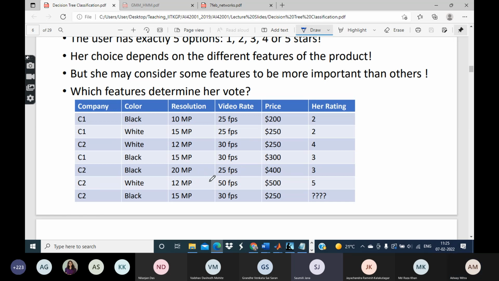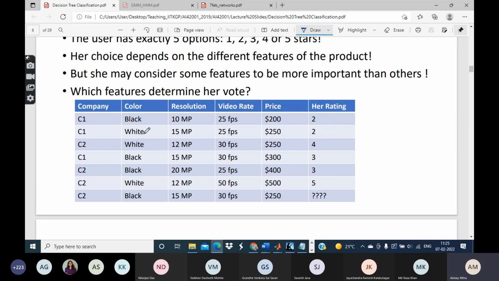Okay. And also the color doesn't matter to her because it is not determining what rating she is giving. How do you know that it is not determining? Because even for the same company, she has given the same rating to both black and white.